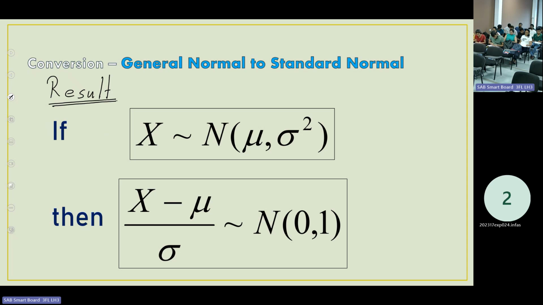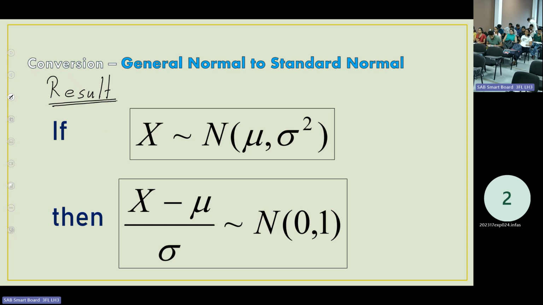So now see, original one is general normal. Mu can be any real value, sigma can be any positive value. Now on this X, we have done a process. When you do that process, it will be transferred to standard normal. So what is the process we have done?